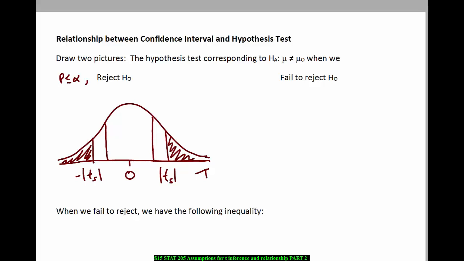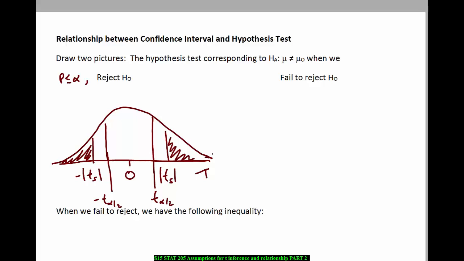That means the alpha region was bigger than the p-value region. So that means that our upper alpha critical point and the negative version of it are somewhere in here. They did not fall in here because then the alpha would have been smaller than the p-value region. All right. So we've drawn that picture.